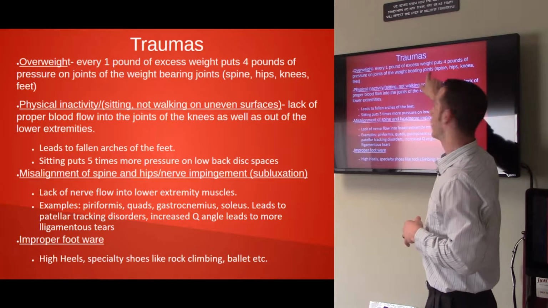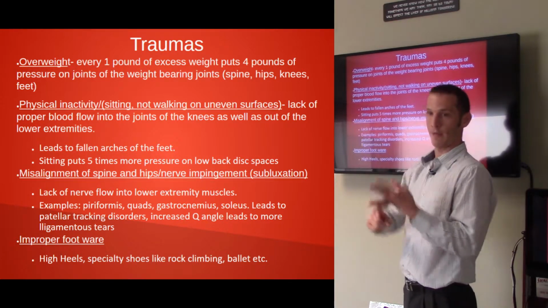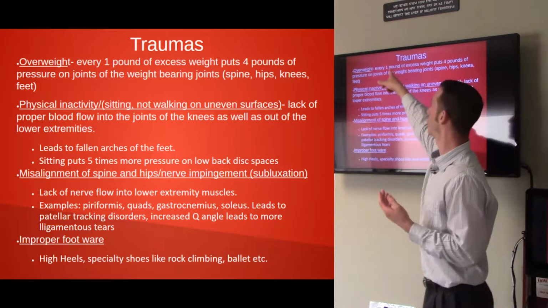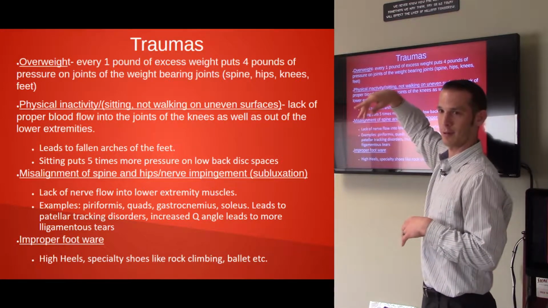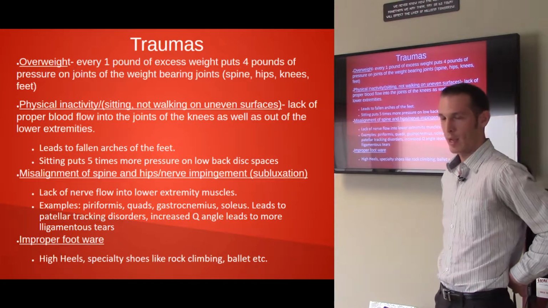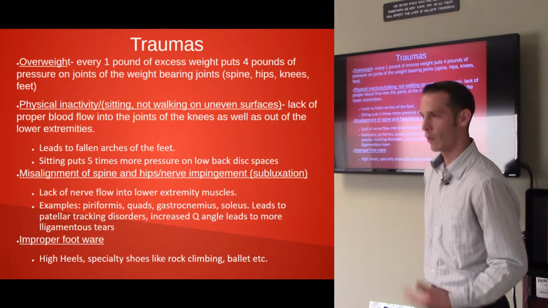That means your spine, your hips, your knees, and your feet. Does that all make sense? So if you're, let's say, 20 pounds overweight, 20 times 4 is 80 more pounds of pressure on those weight-bearing joints: your spine, your knees, your hips, your feet.